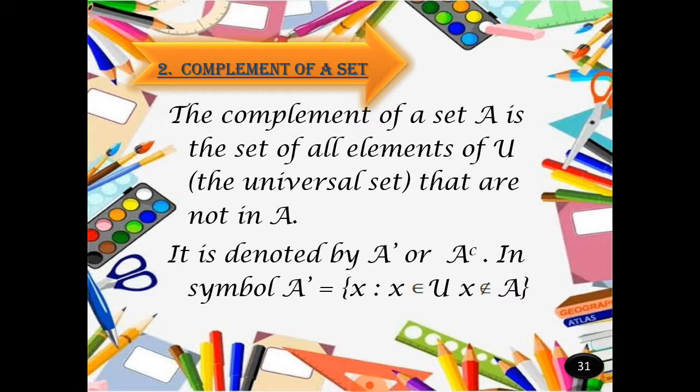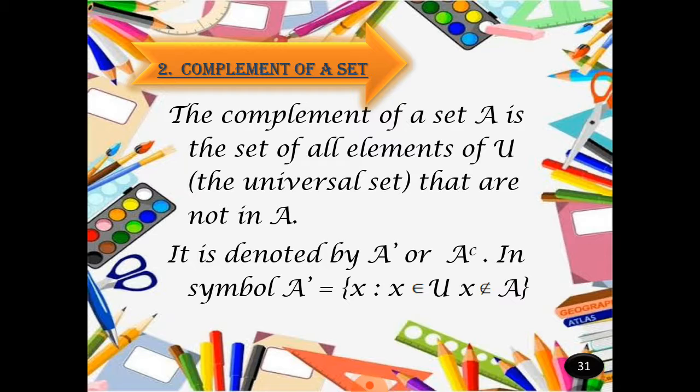Complement is nothing but, if we have a set A, the universal set is there. What is the meaning of universal set? U is equal to all the elements. All the elements means, for example, I have said the solar system. In that A is Earth, Mars, Jupiter. Likewise, we have given here. So, what is the complement of a set here?